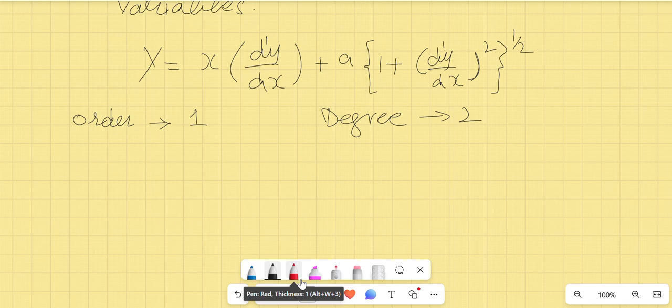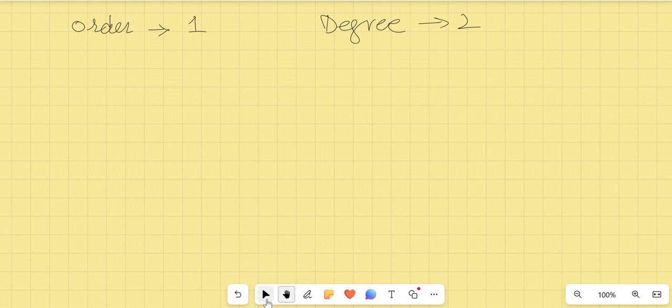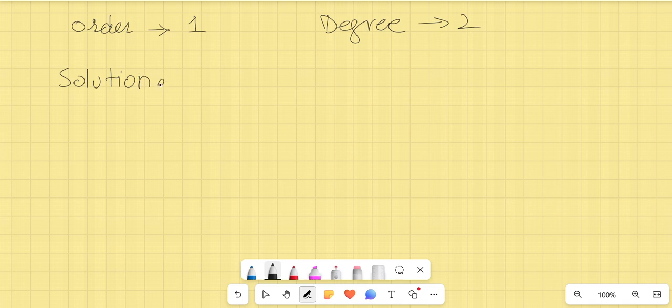So there are various methods to solve these equations. We have number one, the Picard method. Number two, we have the Taylor method.